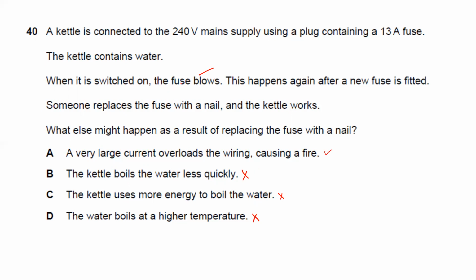The fuse has been replaced with a nail, and that completes the circuit, but now the circuit does not have any protection. Heavy current is flowing in the circuit, and that may cause breakdown of the wiring insulation, eventually causing the wires to catch fire. So answer A is the right choice.